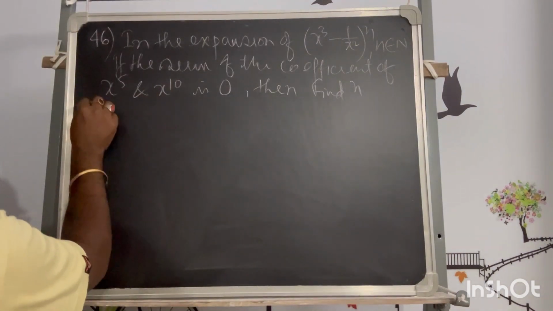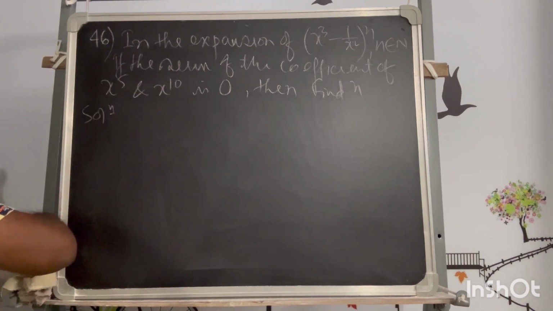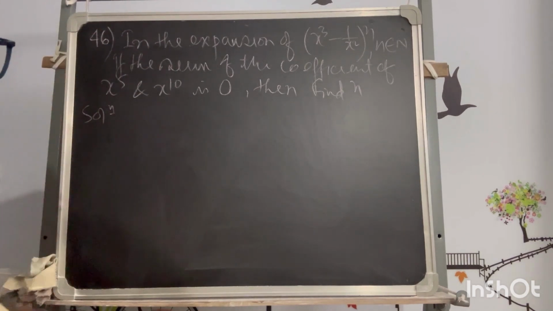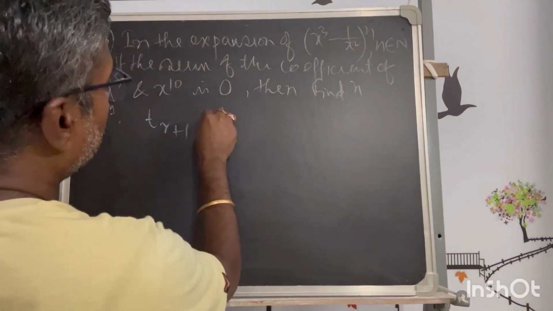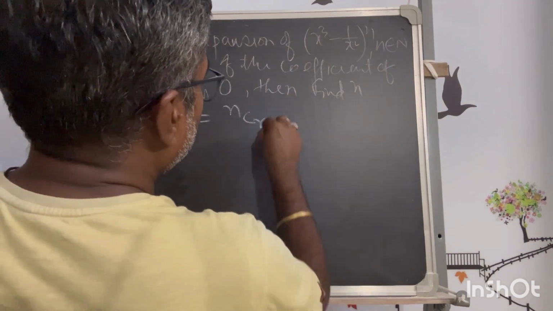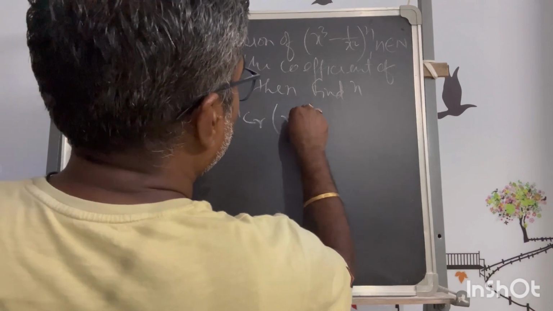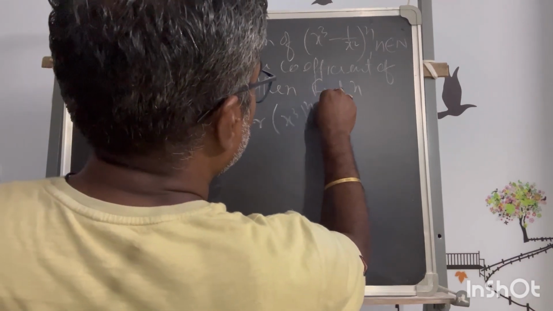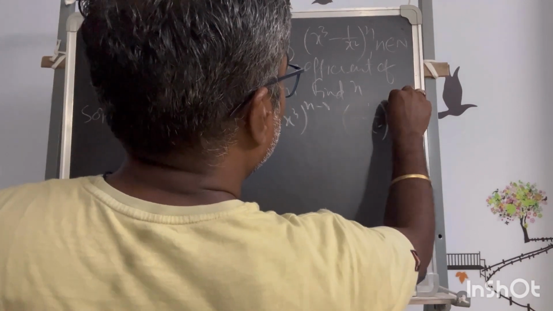So let me take the general term, T_(r+1), which is generally written like that: nCr (x^3)^(n-r) times (-1/x^2)^r.